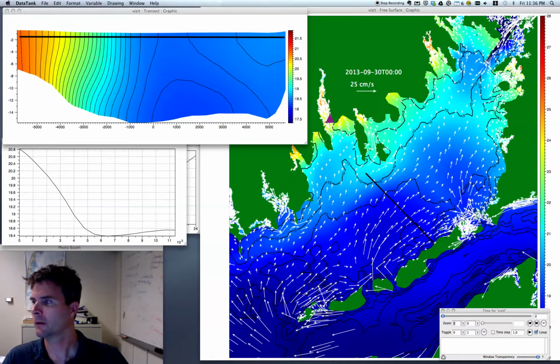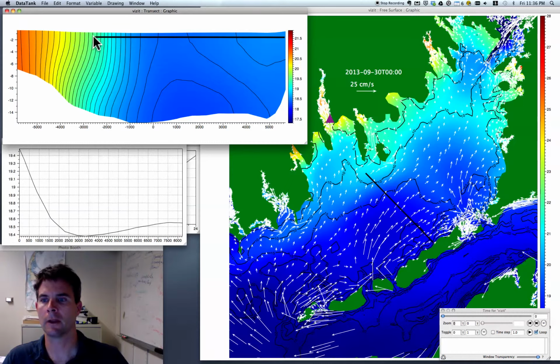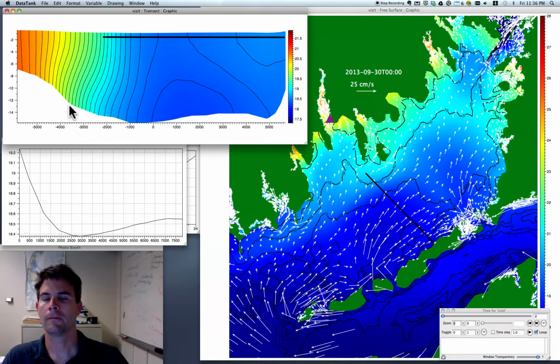So you get away from the shallow regions where the water can warm up, and it quickly drops off to the deeper water, which is being exchanged more strongly with Vineyard Sound and Rhode Island Sound, which is colder.